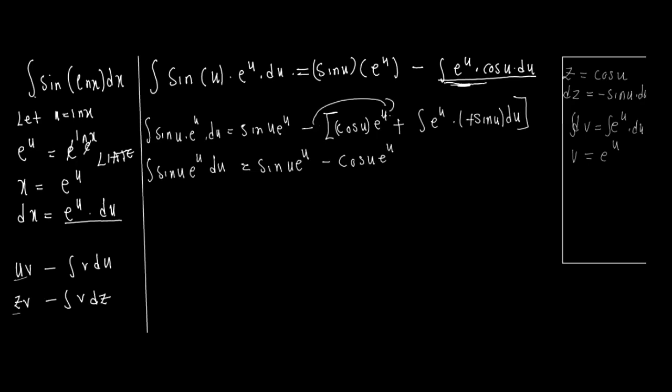Even here we'll have minus, so it will be minus the integral of e to the u sine of u du. So we need to get the integral of e to the u sine u du. So we can take this one to the left hand side.